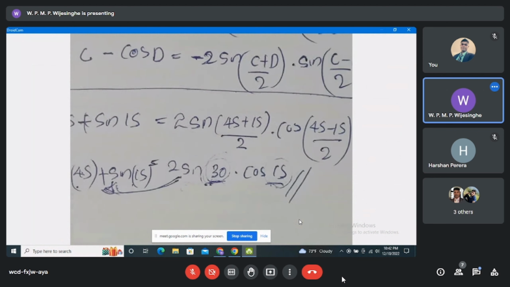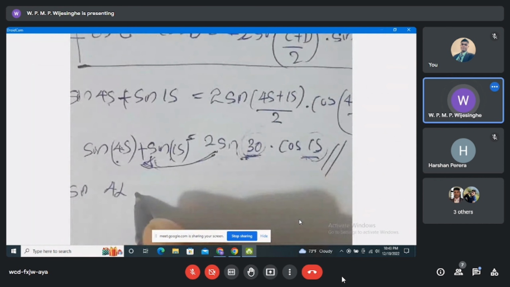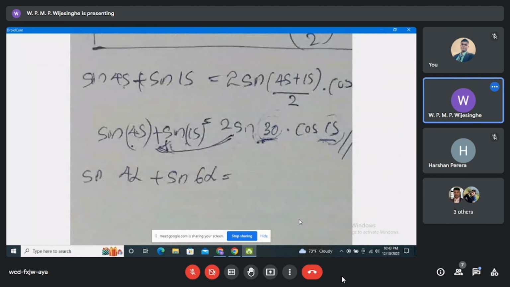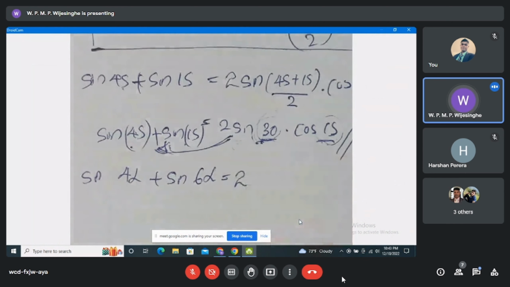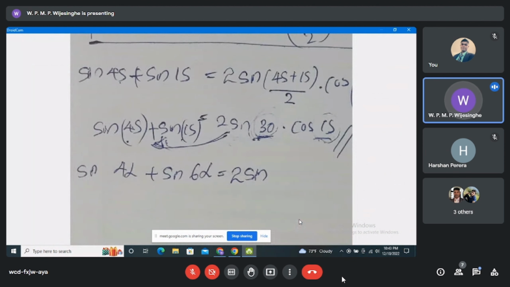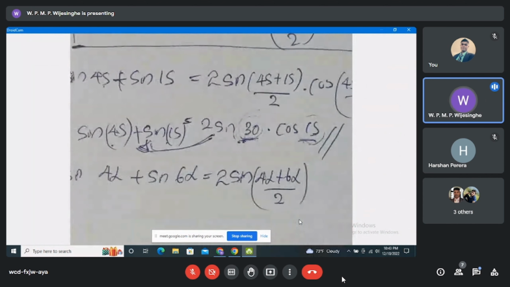Next one, sin 4 alpha plus sin 6 alpha. There is a summation, right? So it should include sin cos. Then first one, sin, summation of these two angles divided by 2. It is 4 alpha plus 6 alpha divided by 2, right?